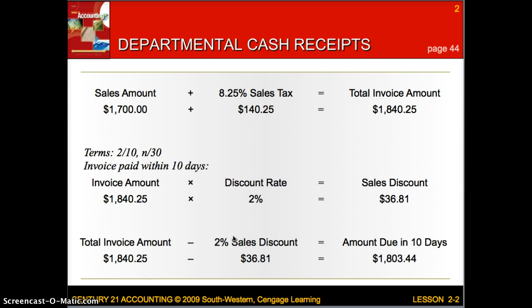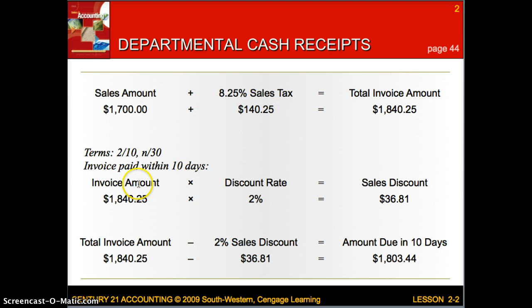Just as a review of last year, terms 2/10, net 30 just means that if an invoice is paid within 10 days, you will get a 2% discount, but no matter what, the net amount is due in 30 days.